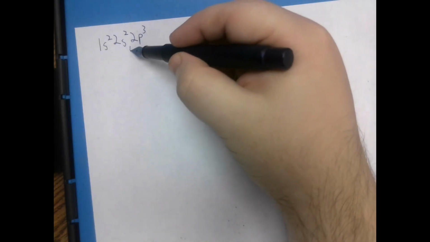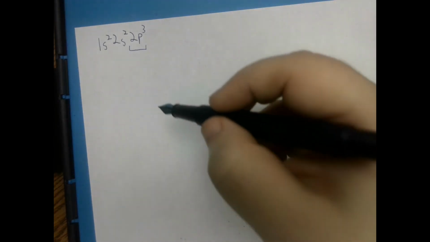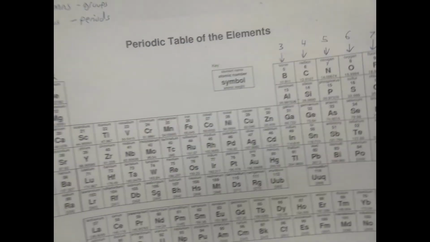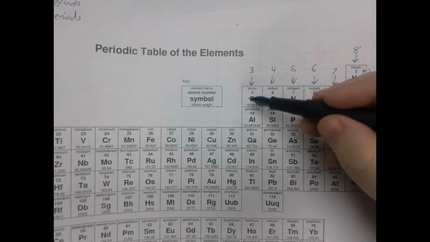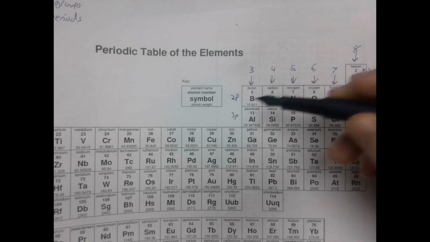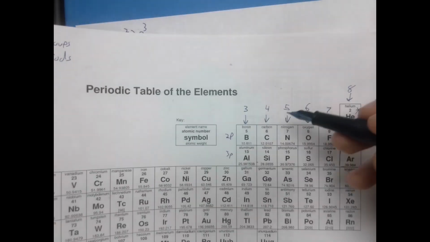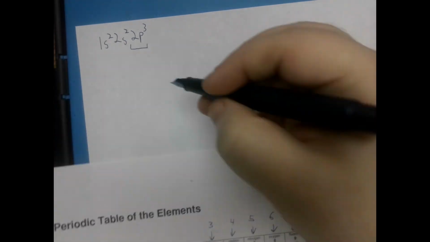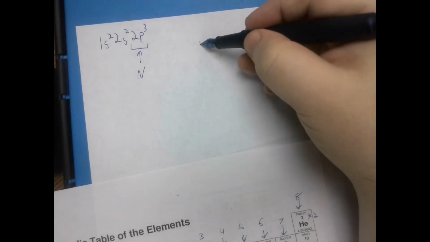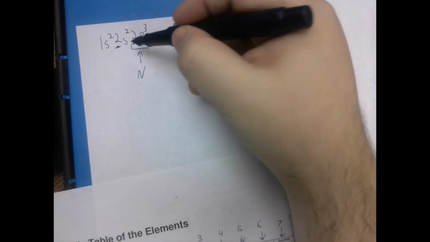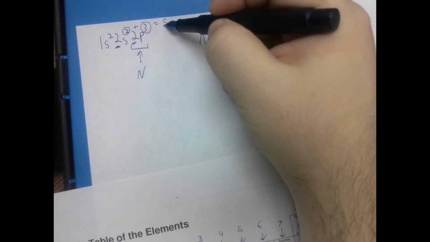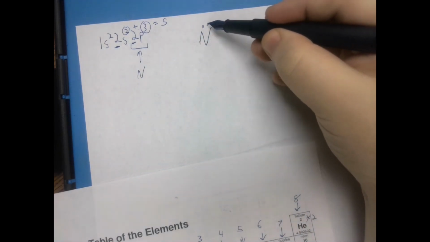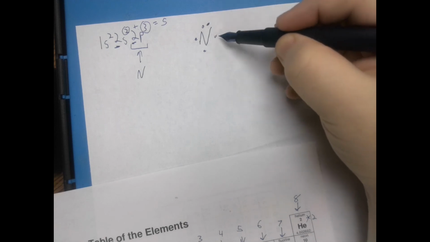Again, if you have the periodic table memorized, using this notation, you just have to look at the last one. This is my p block. These are your 2p's, your 3p's, and it is 2p3, so 1, 2, 3, this is nitrogen. Highest energy level tells me the number of valence electrons. So these are your valence electrons. So it has 5. 1, 2, 3, 4, 5.